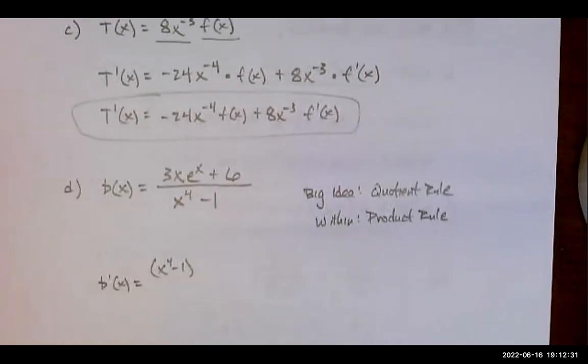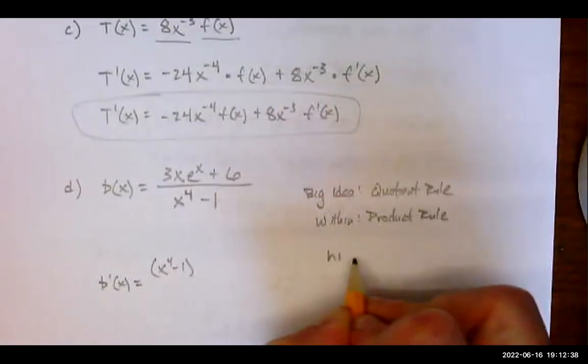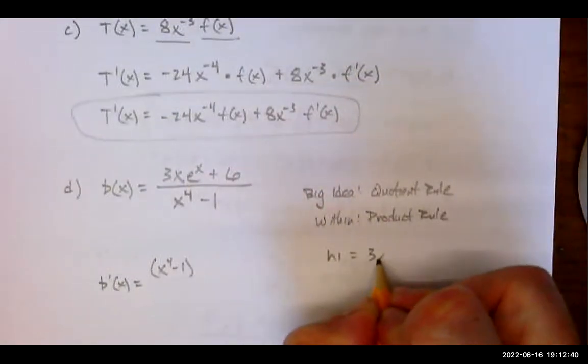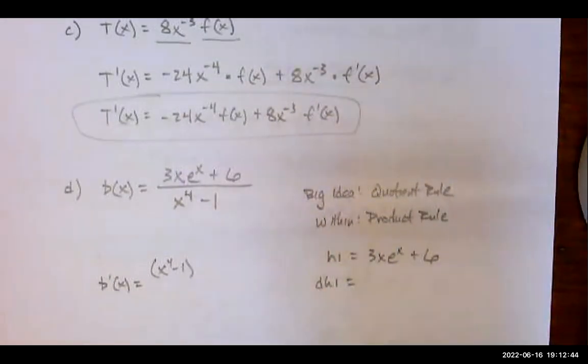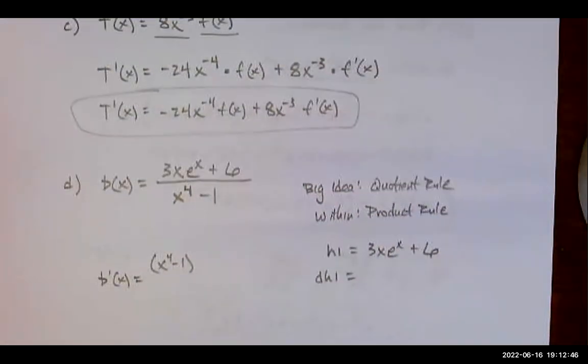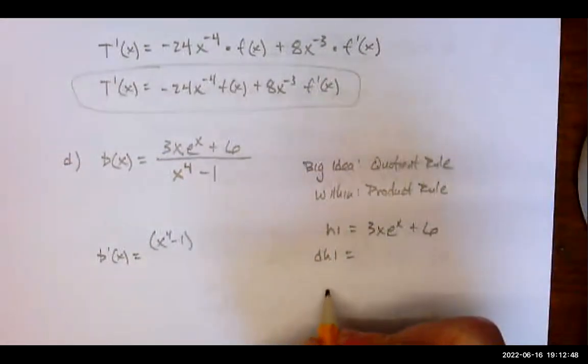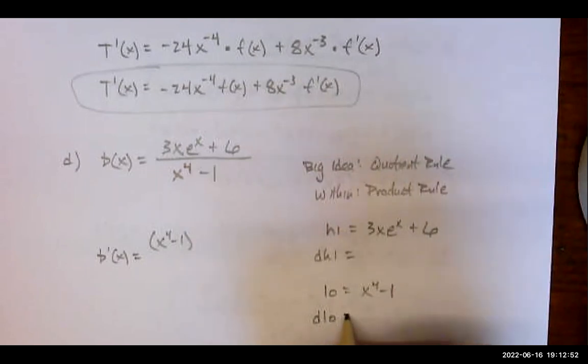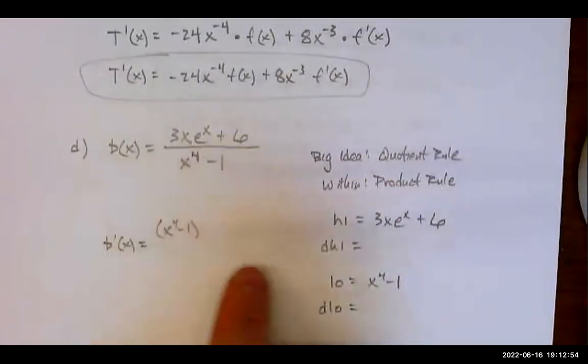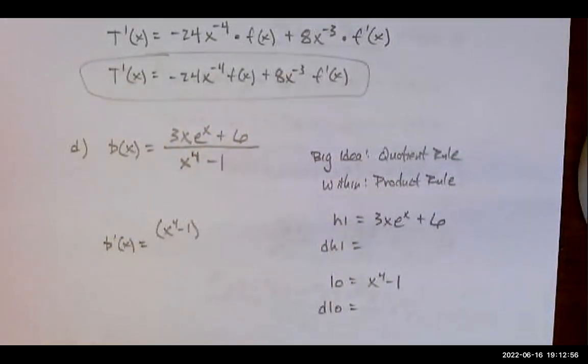In fact, what some students will do, and it's pretty clever and helps you stay organized, is write the high equals 3x e to the x plus 6, and then the d high right here. And then you can write the low and the d low, and just put the pieces into the puzzle where they need to go.